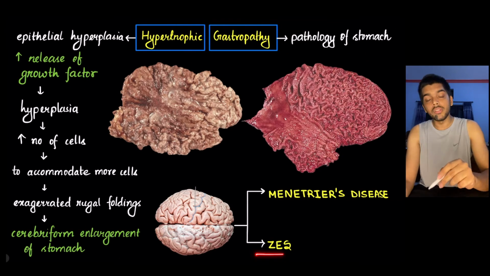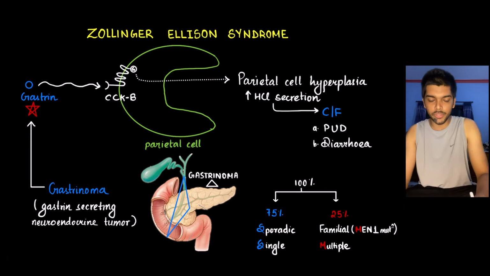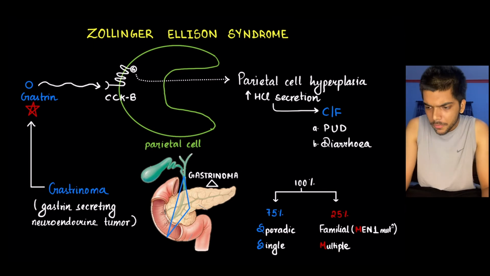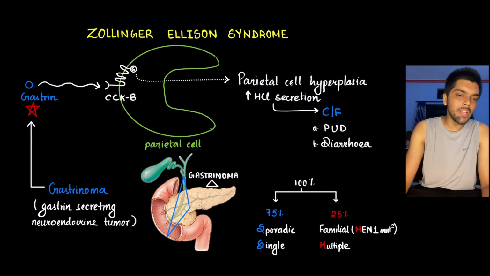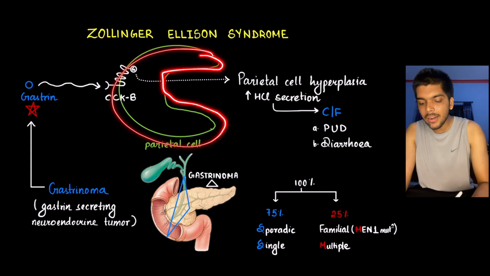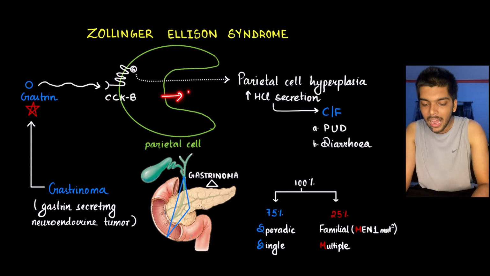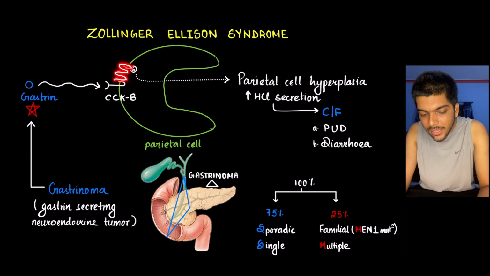But now, Zollinger-Ellison syndrome. In Zollinger-Ellison syndrome, this is the story. So, within the lining mucosa of the stomach, within the epithelial mucosa of stomach, you have parietal cell, right? Parietal cell is responsible for secretion of hydrochloric acid. On the surface of the parietal cell, there's a G protein coupled receptor.